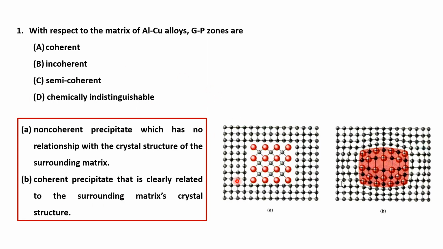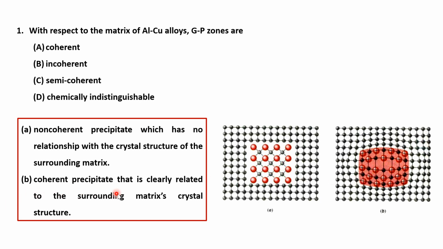Before we move on to the actual explanation, first we need to understand the difference between coherent and incoherent precipitates. First is the non-coherent or incoherent precipitate. The incoherent precipitate has no relationship with the crystal structure of the surrounding matrix. For example, if this is our actual matrix, the aluminum copper single phase, and a new precipitate is being formed with an entirely different structure compared to the surrounding, it is an incoherent precipitate.